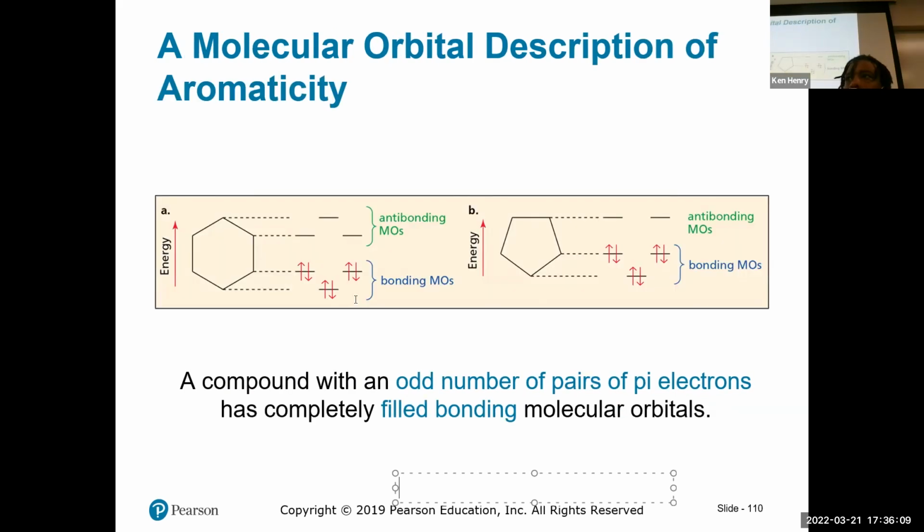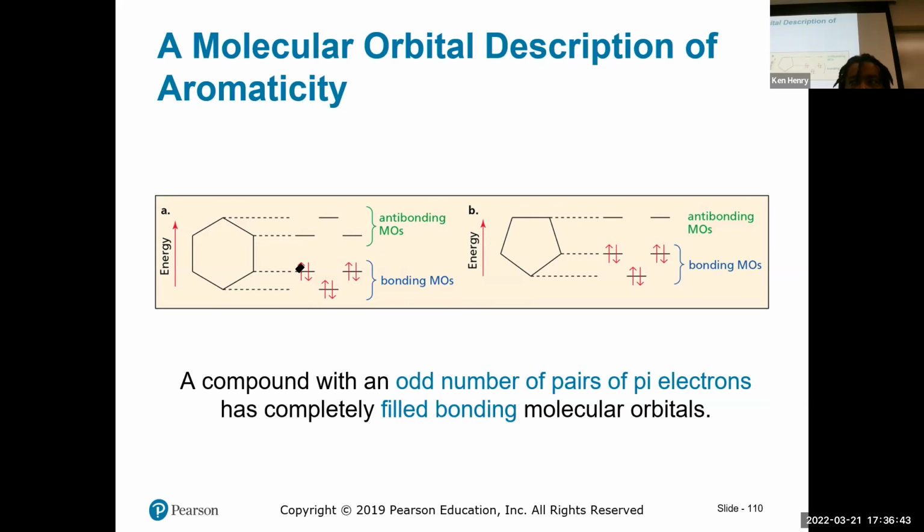So in this case, because we know that when it fills, it's going to look like this, where we have an electron here, an electron here. So these are an even number of pi electrons. But this one would be anti-aromatic rather than aromatic, whereas if it just had this here, it would be aromatic.